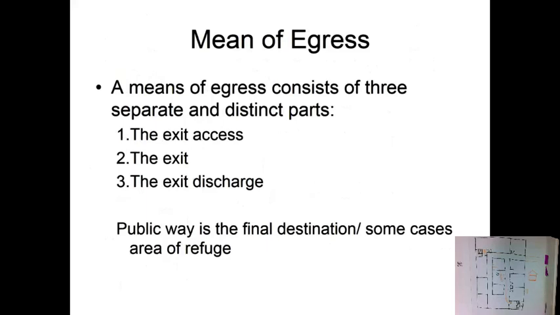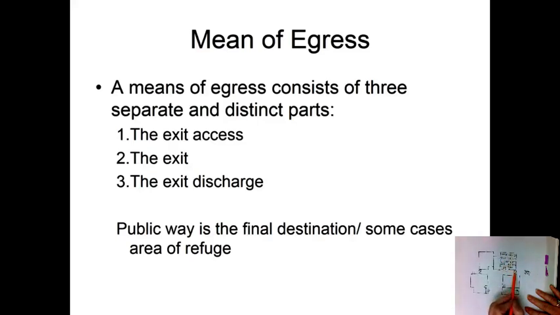So a means of egress consists of three separate and distinct parts. There's exit access. So when we're looking at it, very simply, exit access is this area here traveling to my exit. Here we are in our building, and we know our exit, okay? This would be our exit access to an exit.